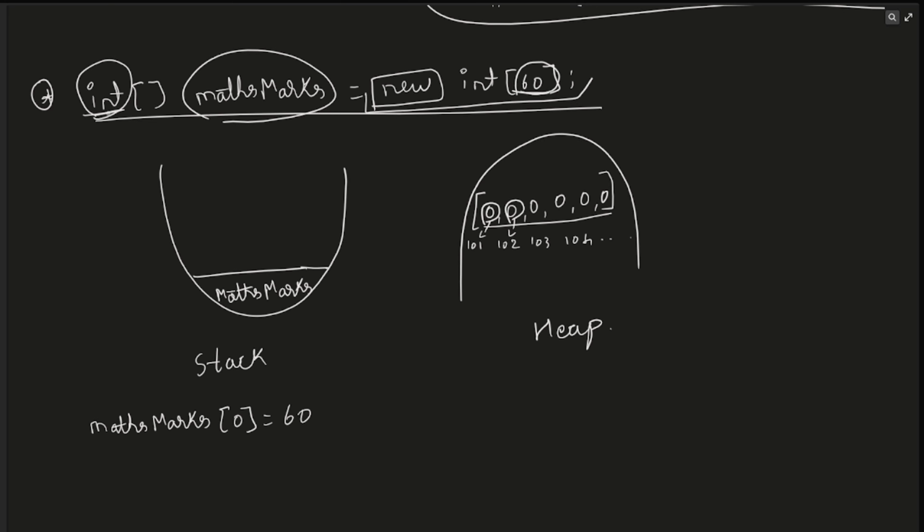For primitive data types, the memory address will be continuous, and whenever this line is encountered where you are trying to insert a value of 60 to the first position, in Java it will just override the value of 0 to 60 with the same memory address. The same memory address will be allocated to the updated value. That's how it works for primitive data types.